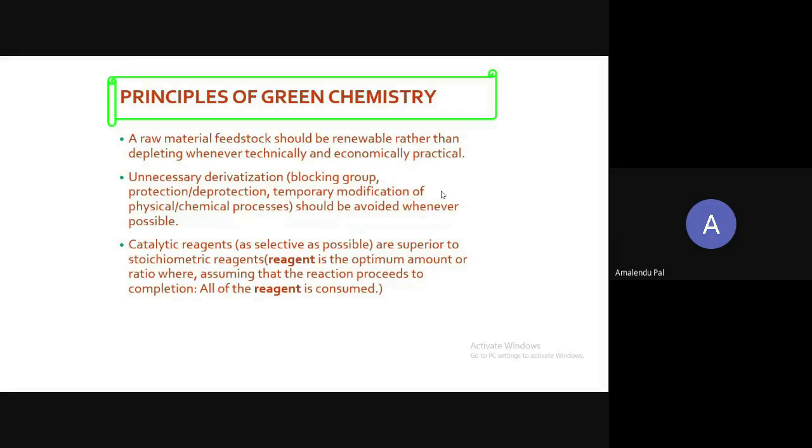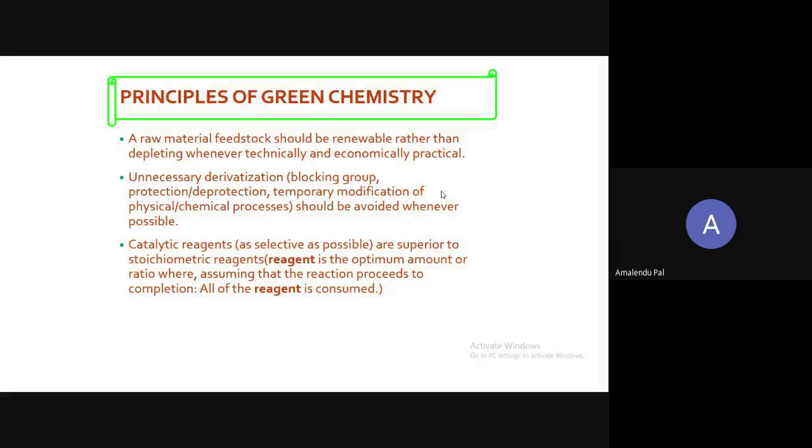That I told you. Byproducts should be renewable; we can reuse them, and they should not be depleted. Raw material feedstock should be renewable whenever technically possible or economically practical.